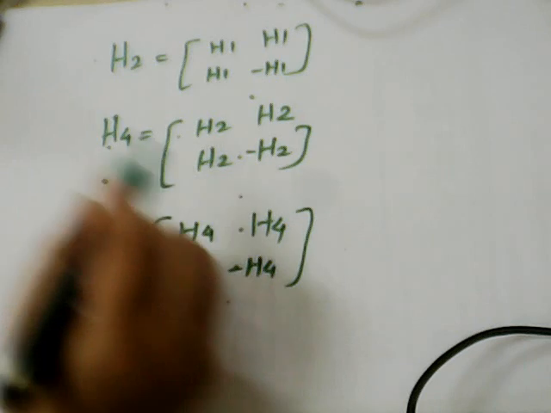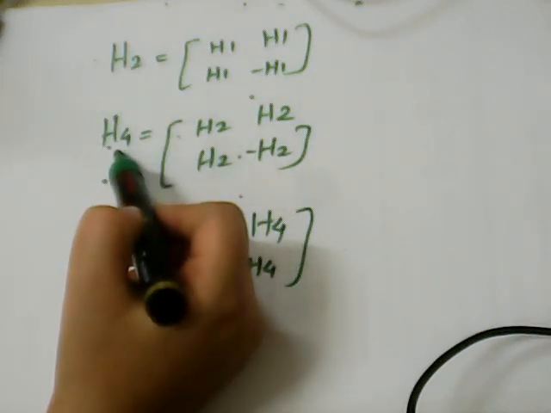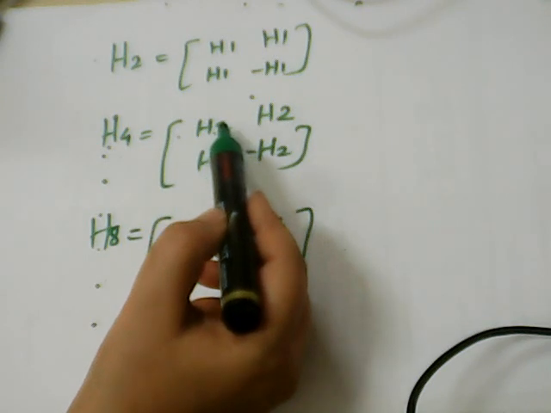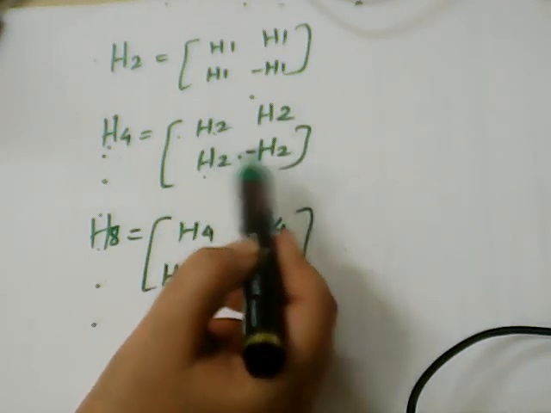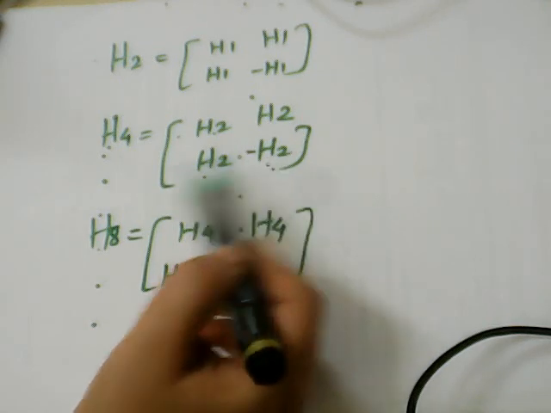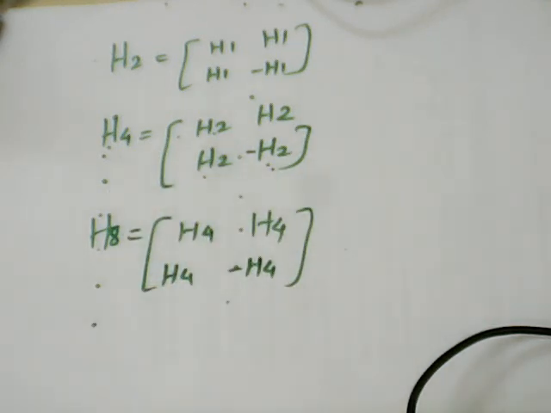So what is this? The 4 by 4 Hadamard basis function matrix can be calculated as 2 by 2, 2 by 2, 2 by 2 in 3 quadrants, and the opposite in the 4th quadrant. So we can expand it the way we want. This is known as the inherent expansion property.